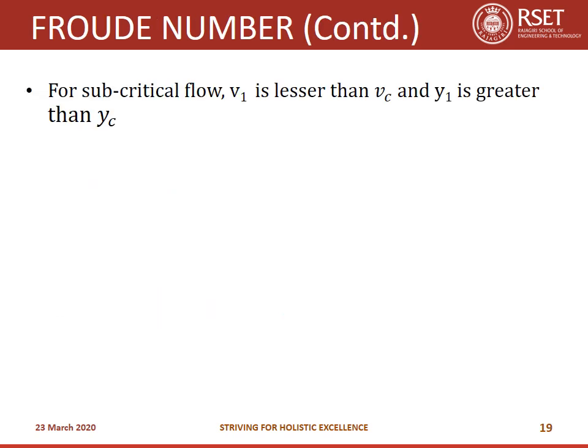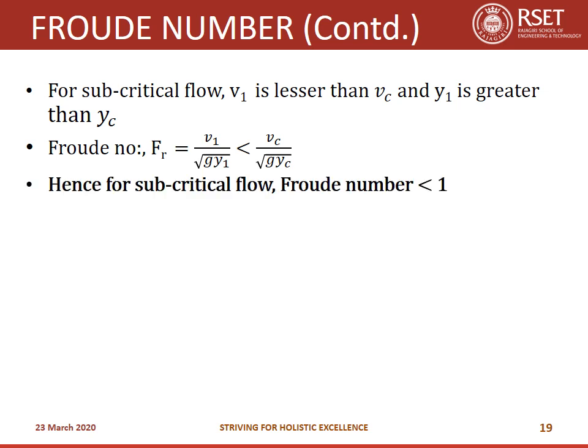Let's just check the Froude number for subcritical and supercritical flow as well. For subcritical flow, V1 is less than Vc and Y1 is greater than Yc. And so, Froude number Fr, which is V1 by root g y1, would be a value that is lesser than Vc by root of g yc.